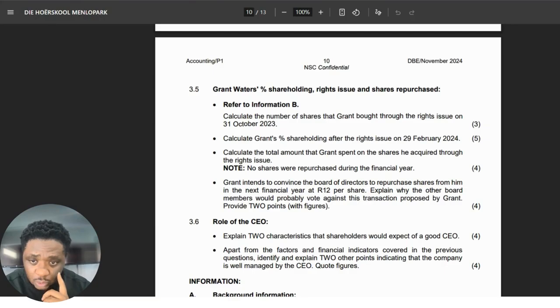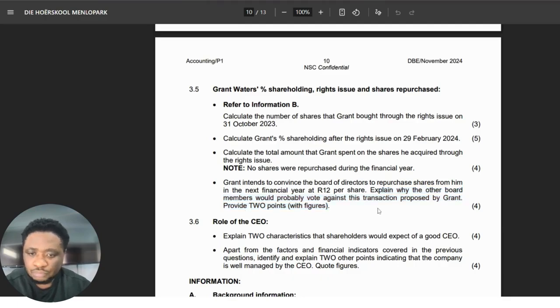Then we look at his shareholding after the rights issue, and the total amount that he spent on the shares he acquired through the rights issue, and then no shares were repurchased during the year. Then Grant intends to convince the board of directors to repurchase shares from him in the next financial year. Explain why other board members would probably vote against this proposal, providing 2 points.